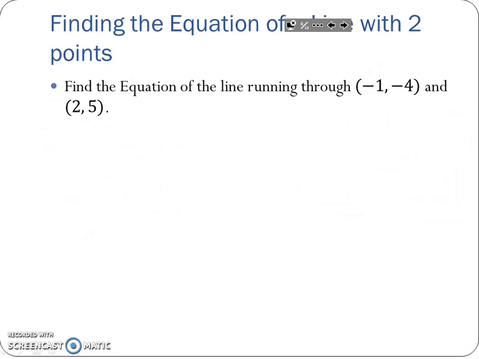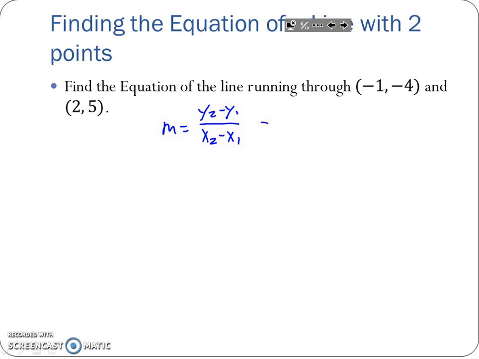Then, moving on, another type of problem that you guys have seen before and may see again, they give you 2 points. Okay, and they want us to find the equation of the line. Okay, so I can't use point-slope form because they give me 2 points. I don't have a slope. But I could find that slope between the 2 points. And to do that, I would need to use my m equals y sub 2 minus y sub 1 over x sub 2 minus x sub 1.